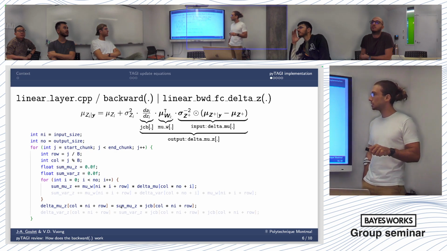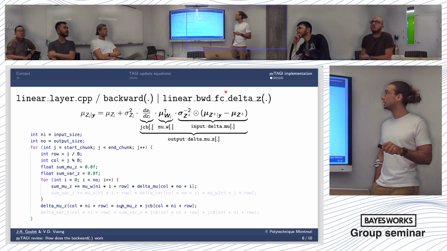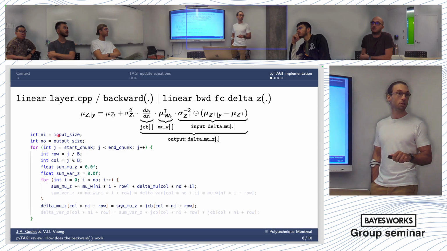So this is the code that we have in that linear backward FC delta Z. NI is the input size, NO the output size, not super important for now. This is because we can operate over batches of data. So it extracts the row and column indices, not super important for us right now. We initialize those two variables to 0. What matters for us is what we have in that for loop.